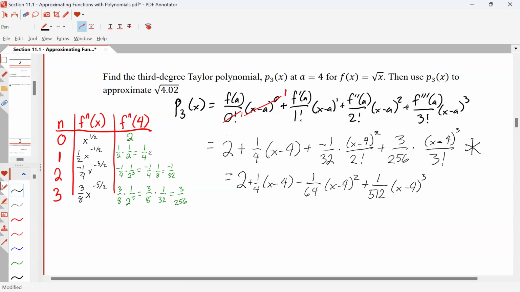Again, this is more than simplified enough, but we can simplify further should we want to. So p sub 3 of x is approximately the square root of x function.